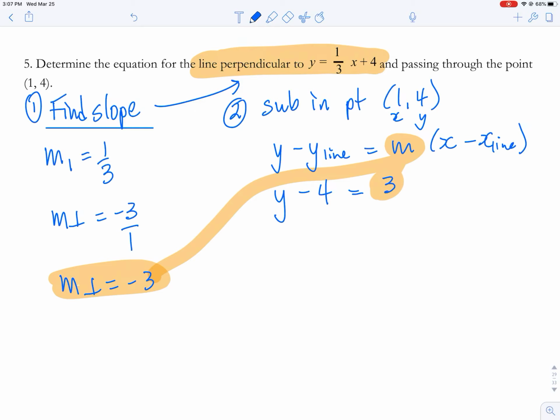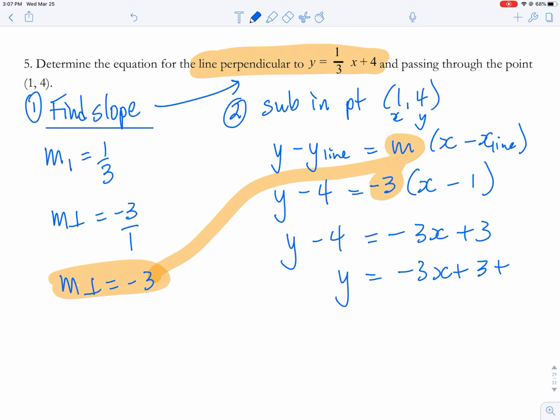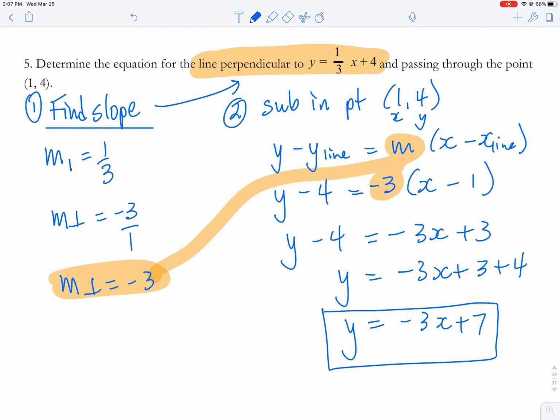X minus x line was 1. So y minus 4 equals minus 3x plus 3. Y equals minus 3x plus 3 plus 4. Y equals minus 3x plus 7.